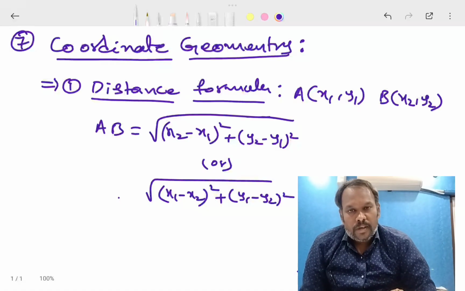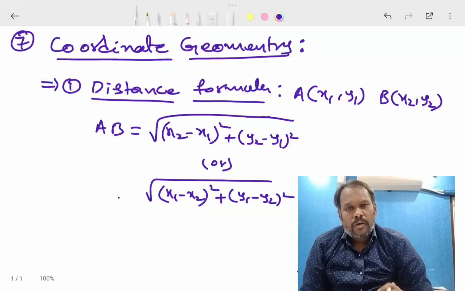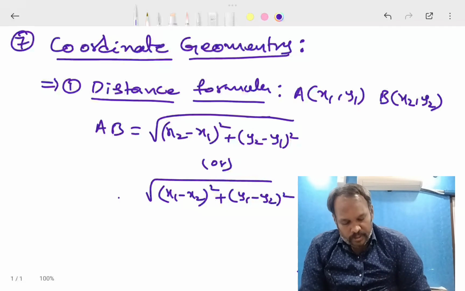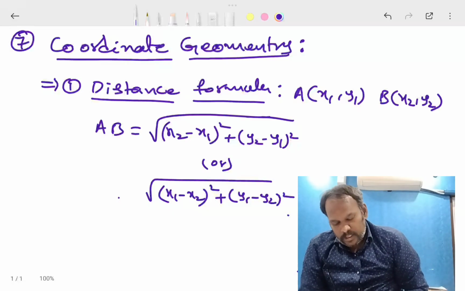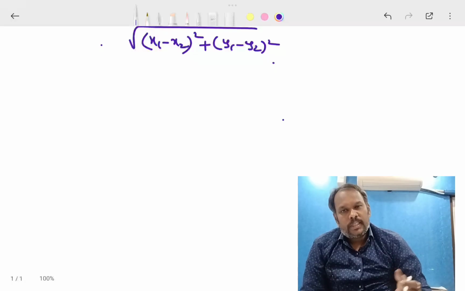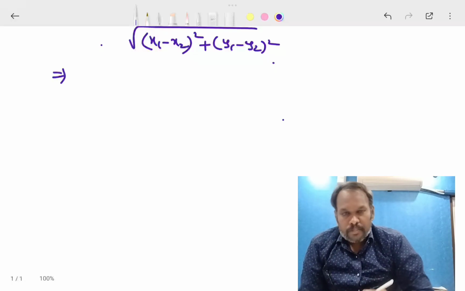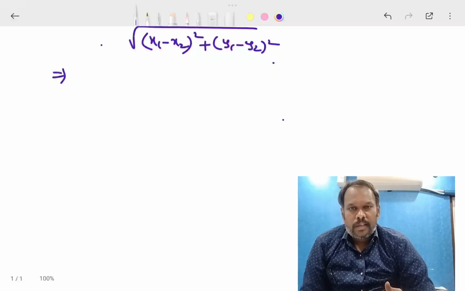By using this formula, it is very important. If they give three vertices of a triangle, you have to identify which type of triangle. If they give four vertices of a quadrilateral, you have to identify which type of quadrilateral, whether it is a square, rectangle, rhombus, parallelogram.